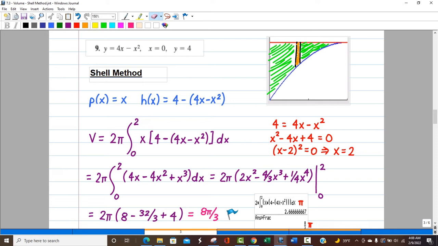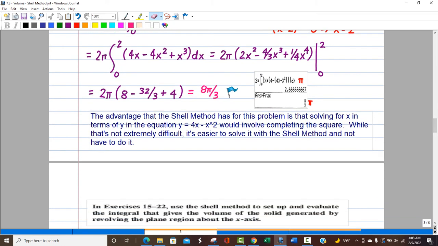You've got to do kind of a completing the square process. So it is doable, but by the time you do all that, you can work it out with the shell method and be done. So it's not mandatory that you use the shell method, but it's easier because of having to complete the square and solve for y.